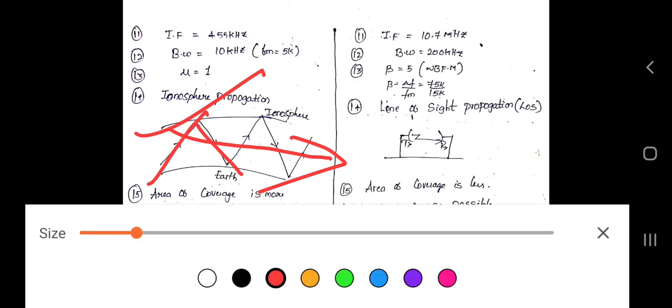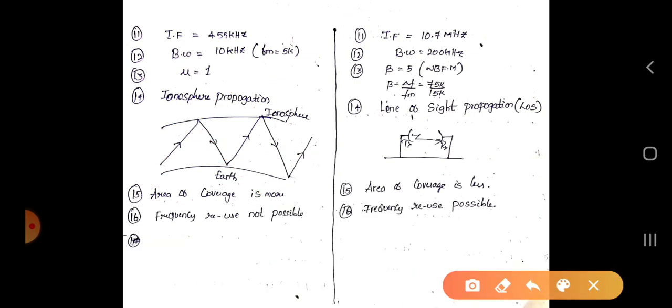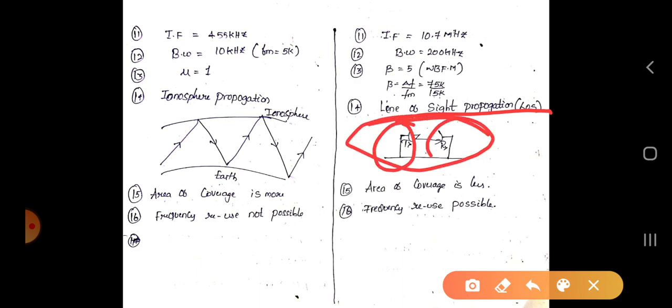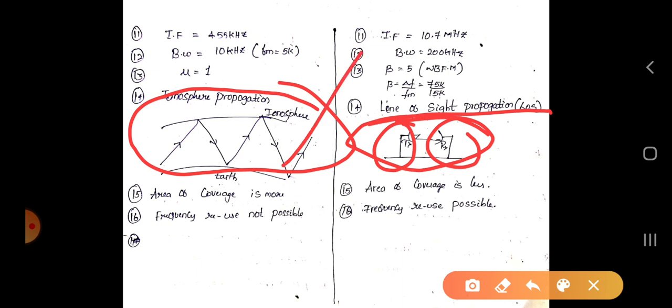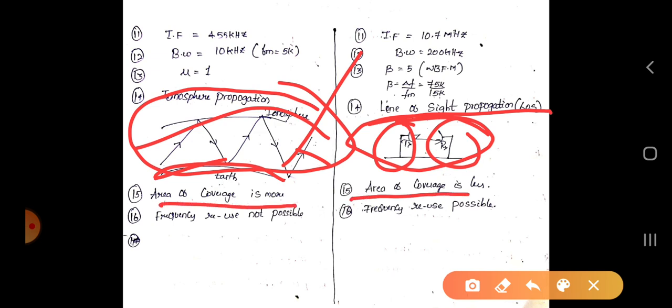Similarly, for FM radio, it depends upon line of sight, that is, based upon the nearest towers. So it is bounded to some particular place only. But compared to AM radio, which is not bounded, it is universal. You can transmit universally, so the area coverage is more in the AM signal. But for FM, the area coverage is less.